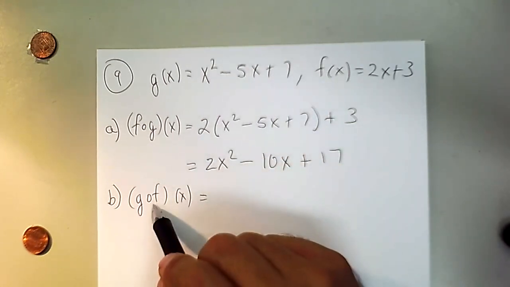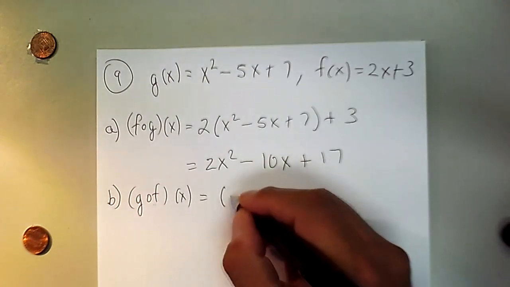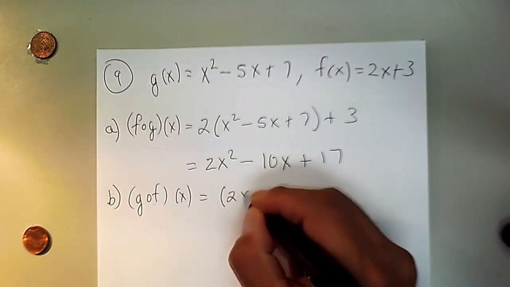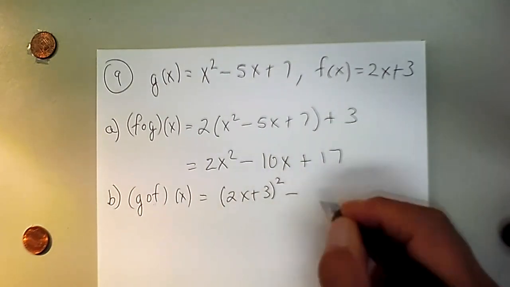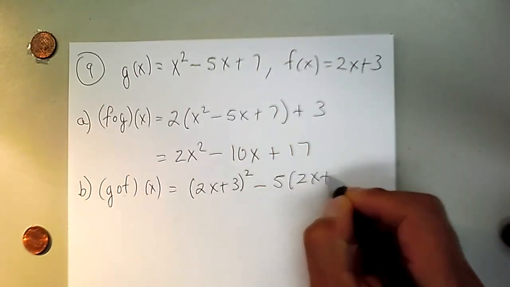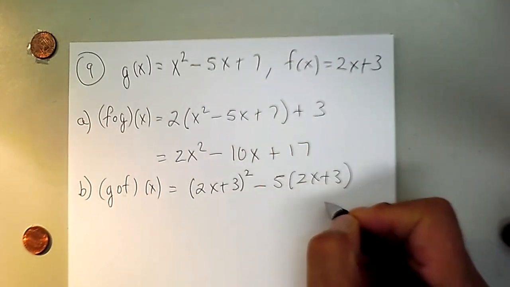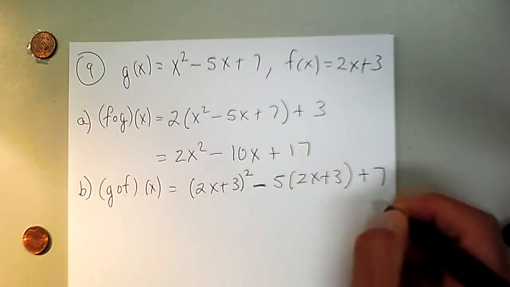So the input is f. So square f, which is 2x plus 3, squared. Multiply 5 times 2x plus 3, subtract, and then add 7.